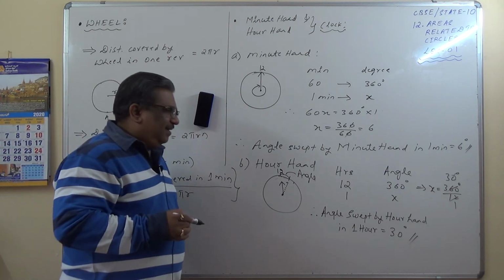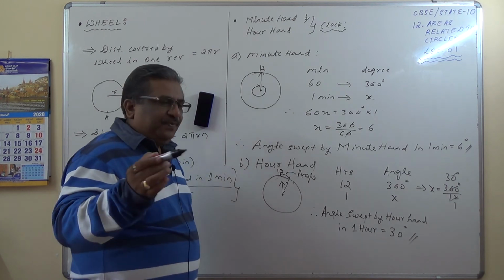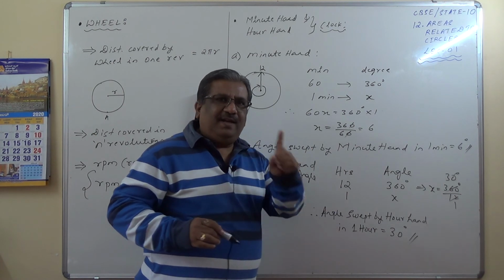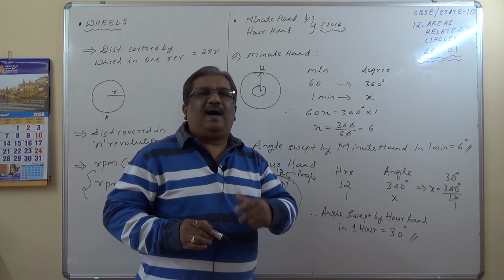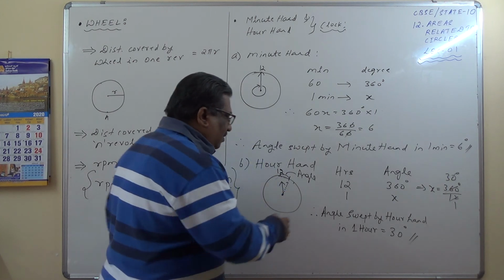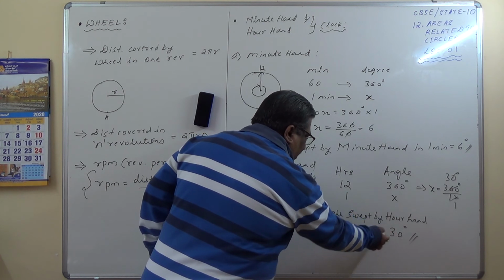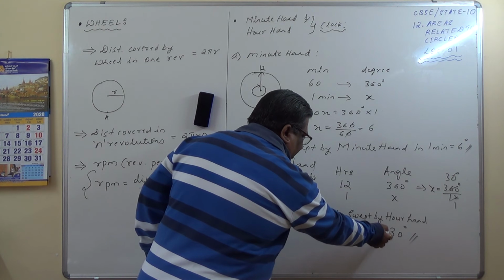Now one more thing very interesting here, that may not come into our exams at all. My question to all of you is, in 1 minute, what is the angle swept by the hour hand? So in 1 hour, angle swept by the hour hand is 30 degrees. So 1 hour is basically 60 minutes. 60 minutes corresponds to 30 degrees.